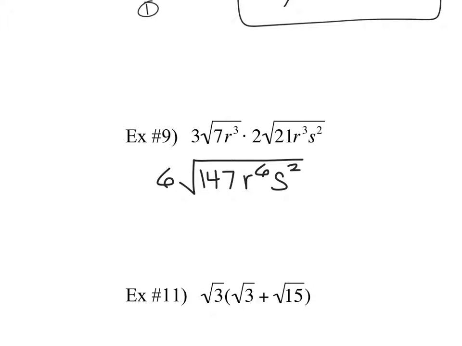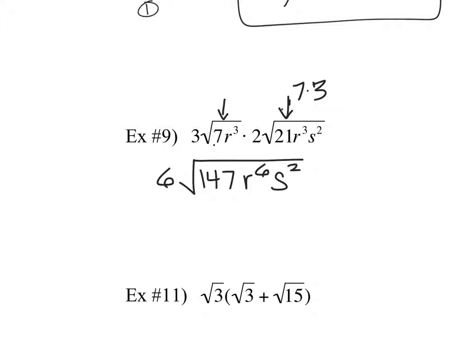Let's go ahead. 147. I'm going to divide that by 49, and I get 3. So 49. I knew it was going to be 49. You know how I knew it was going to be 49? Do you see this 21 right here? Isn't 21 7 times 3? And I already have a 7 over here. I knew it was going to be 49.